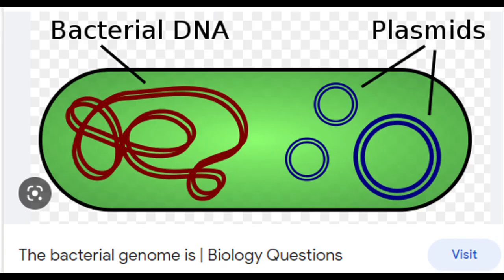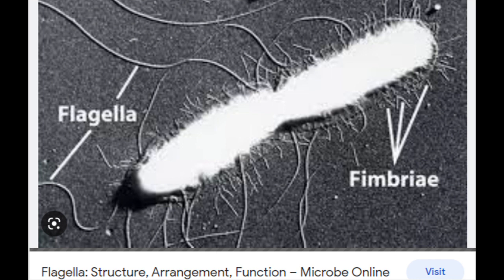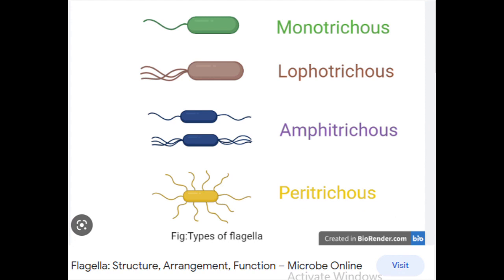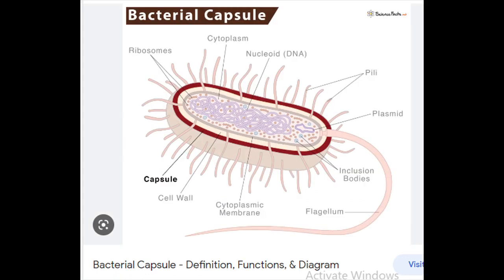A different structure also exists in some others, called glycocalyx, G-L-Y-C-O-C-A-L-Y-X, which is a tangled mass of thin polysaccharide fibers that extend from the bacterial surface.